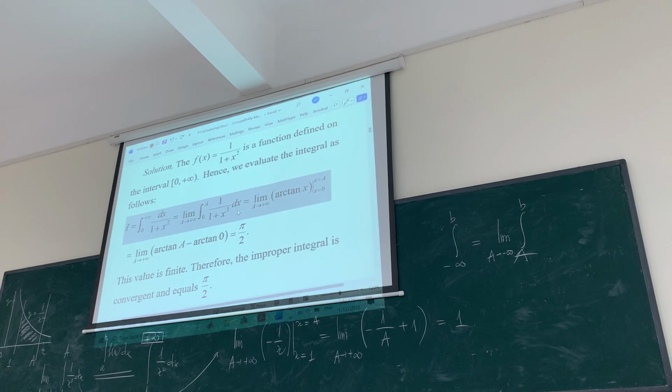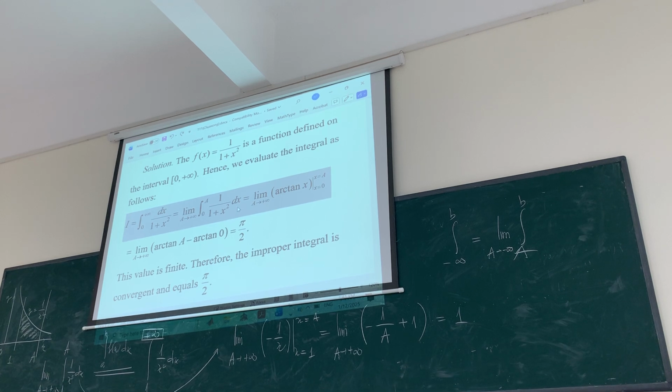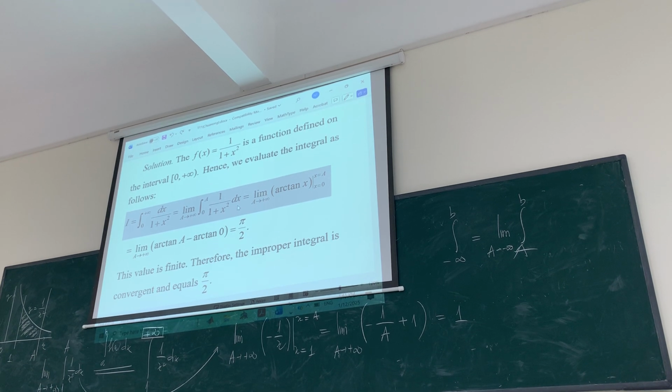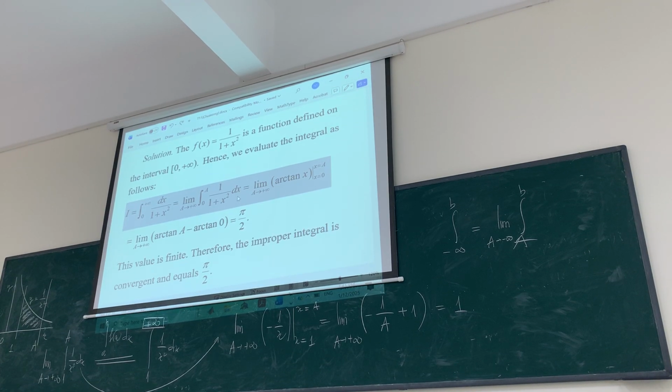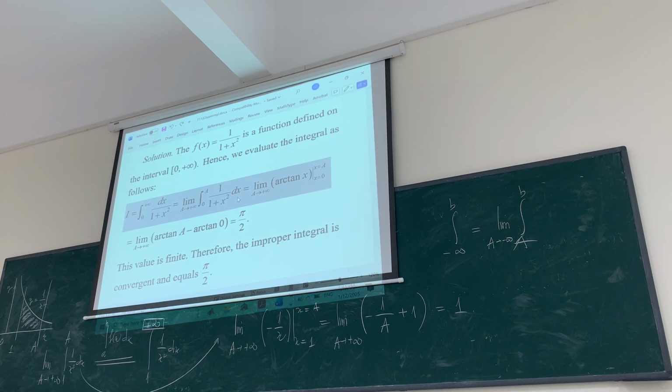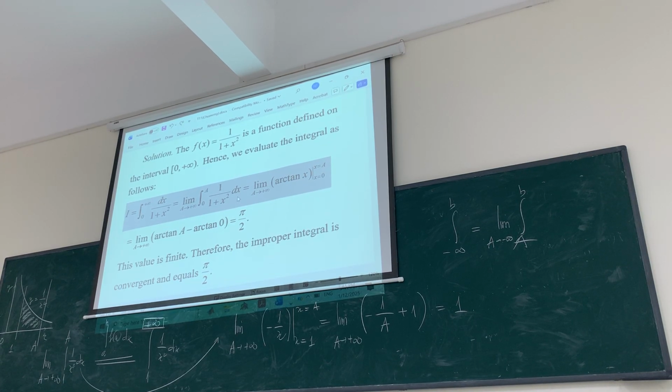You can see the improper integral is equal to the limit of the definite integral from 0 to A, when A tends to positive infinity. We have arctangent A goes to pi over 2.